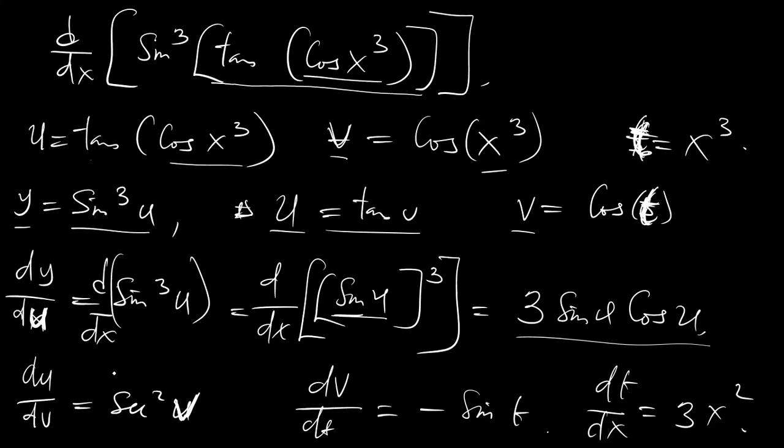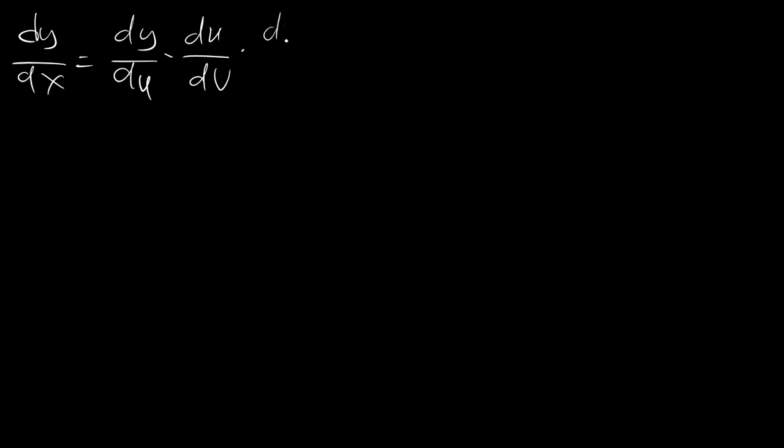I would love to clean up here, but let's leave it like that. Now the derivative of y with respect to x will be the derivative of y with respect to u, times the derivative of u with respect to v, times the derivative of v with respect to t, times the derivative of t with respect to x.